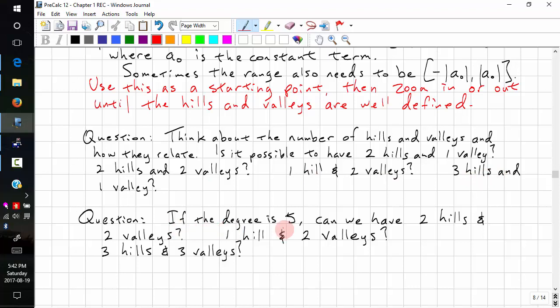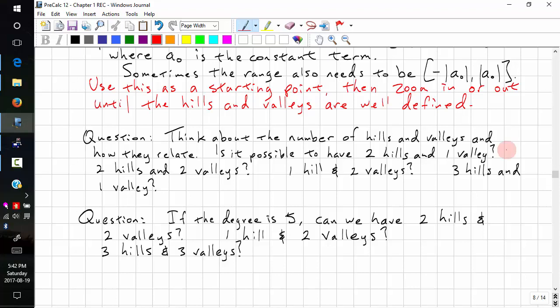If the degree is 5, can we have 2 hills and 2 valleys? 1 hill and 2 valleys? 3 hills and 3 valleys? You should pause it now to think about these questions and then press play and listen to the answers.